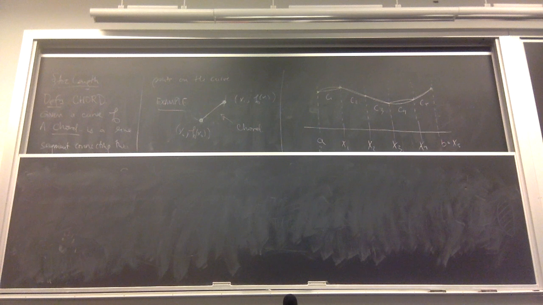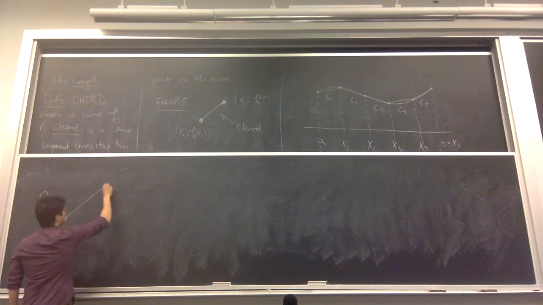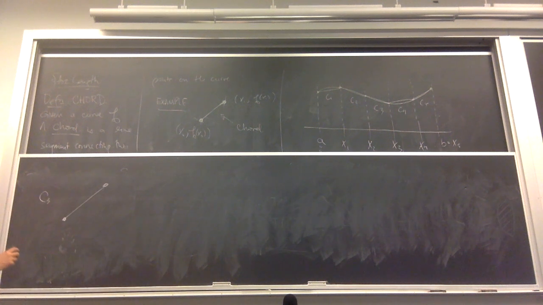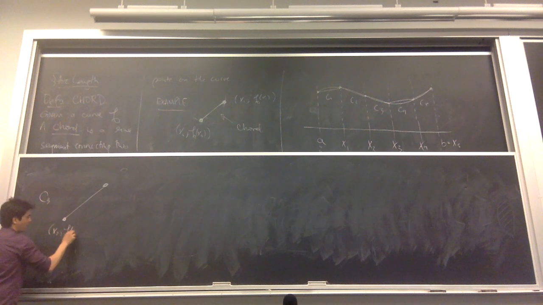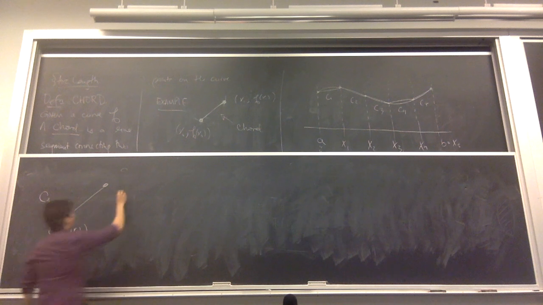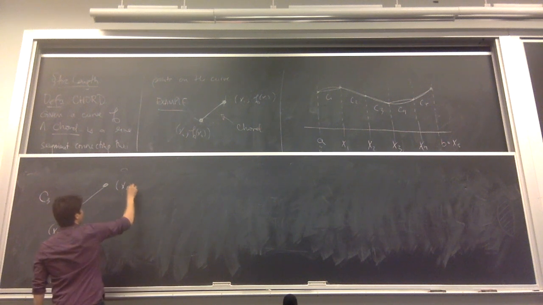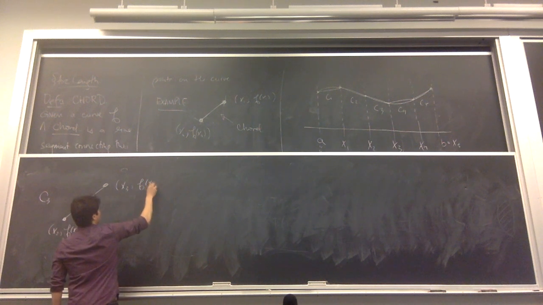Let's just look at one of the chords. Let's look at C3. So C3 is going to be what? The chord that's connecting, it's going to connect what 2 points? X2, F of X2, and X3, F of X3.